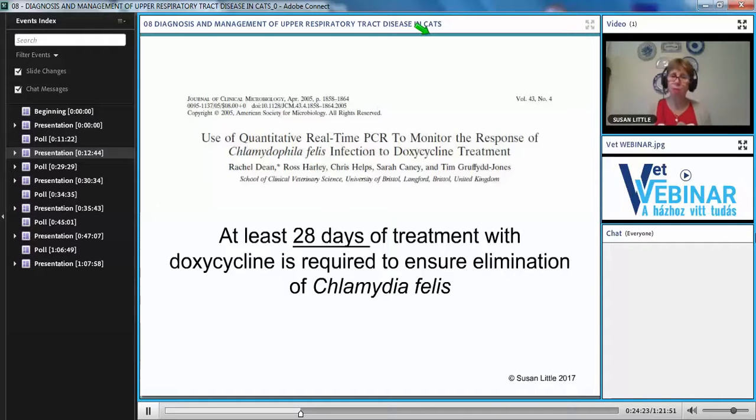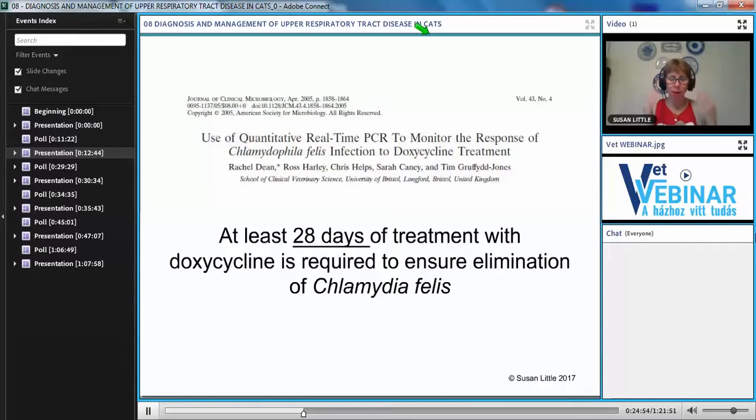The exception would be the patient that you think has chlamydia. So if you think your patient primarily has chlamydia, then you need a minimum of 28 days of treatment with doxycycline. So you'll see resolution of clinical signs before the 28 days, but if we want to have the best shot at eliminating the organism, which is a different thing than just treating the clinical signs, then you're best to try to get a full 28 days, so 4 weeks of treatment.